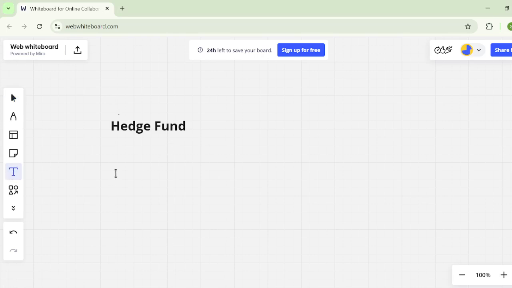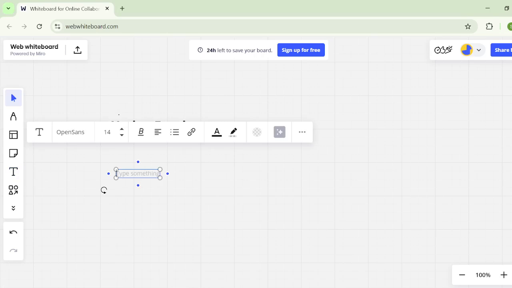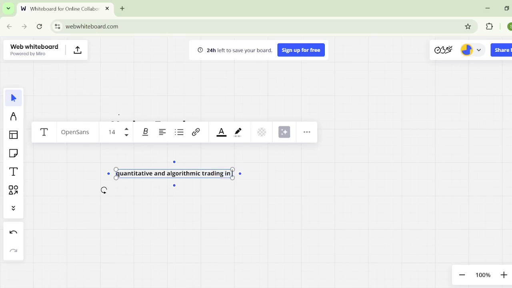So in this, what I tried to cover: quantitative and algorithmic trading in hedge funds.